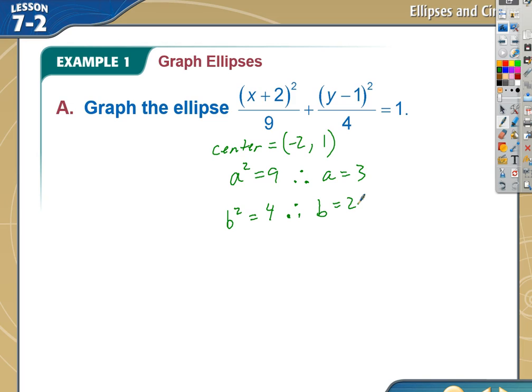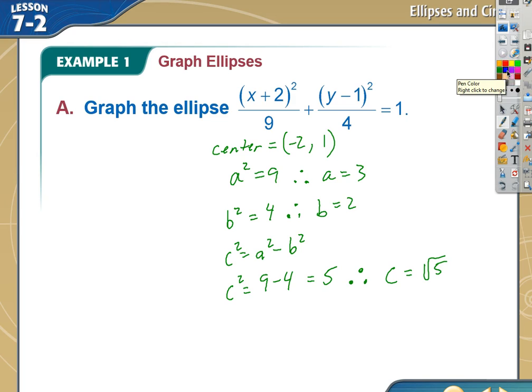The last thing that we need is C. Remember, C squared is equal to A squared minus B squared, so C squared is equal to 9 minus 4, which is equal to 5. Therefore C is equal to the square root of 5. And now I use all this information to graph my ellipse.